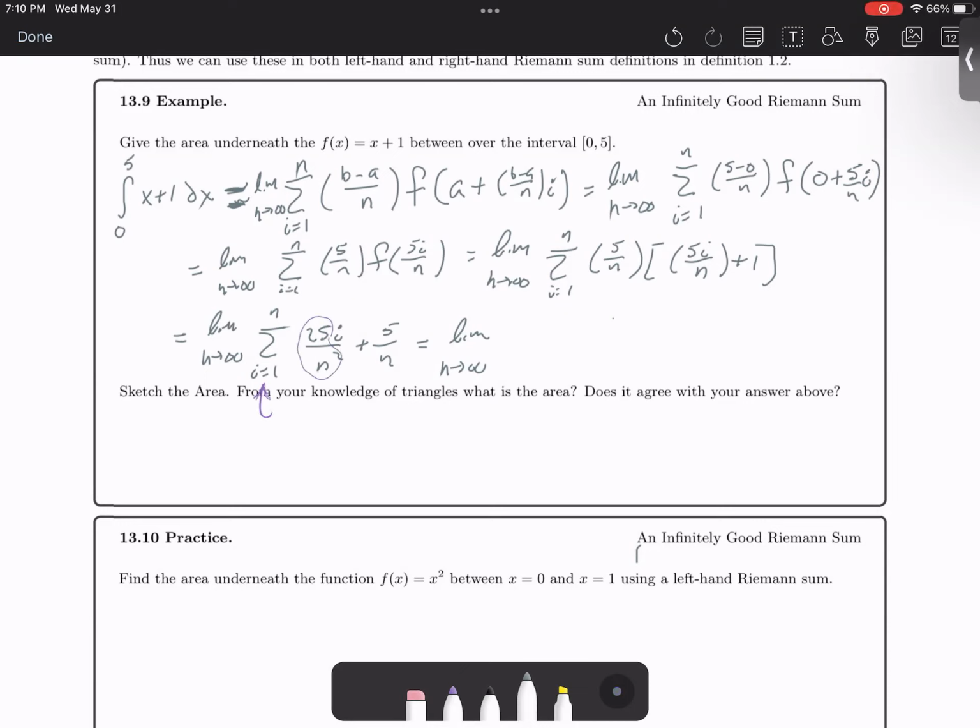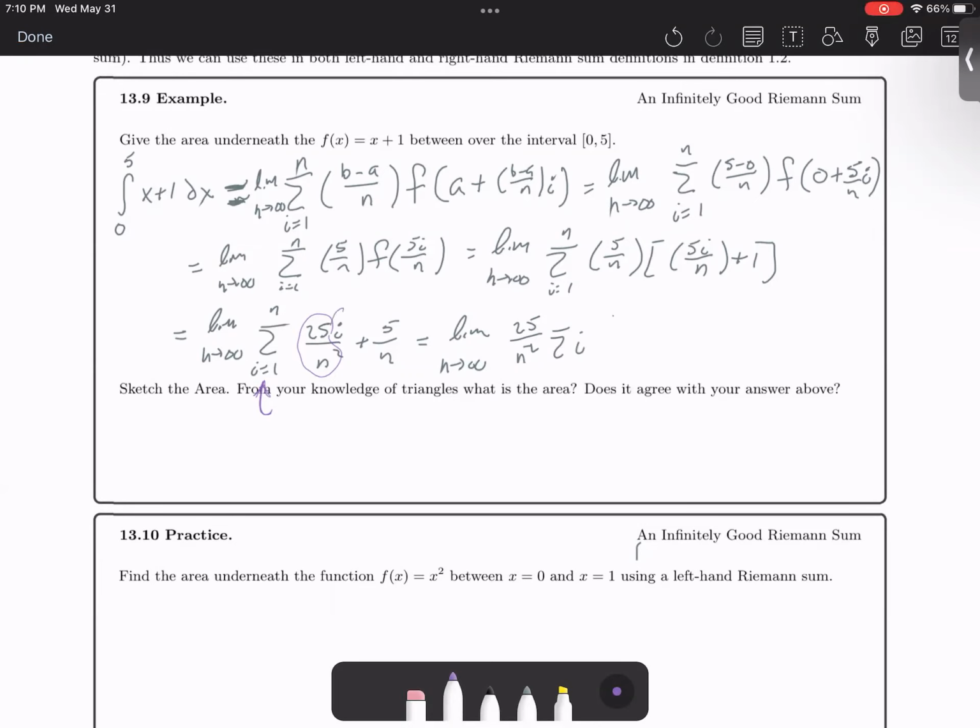We're going to get limit as n goes to infinity of 25 over n squared times the sum, and I'm just left with the i in that sum. I'll add to that. Again, 5 over n, the sum doesn't know what to do with that. Just treats it as a constant. So now you've got a 1 as a placeholder there.